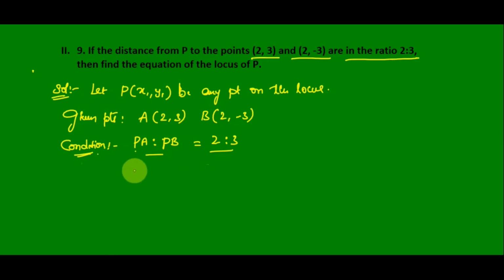So PA by PB is equal to 2 by 3. Now cross multiplication: this becomes 3 times PA is equal to 2 times PB. Next, I need to find the distance of P to A and also P to B. For that I need PA square and PB square, so I'll square both sides.